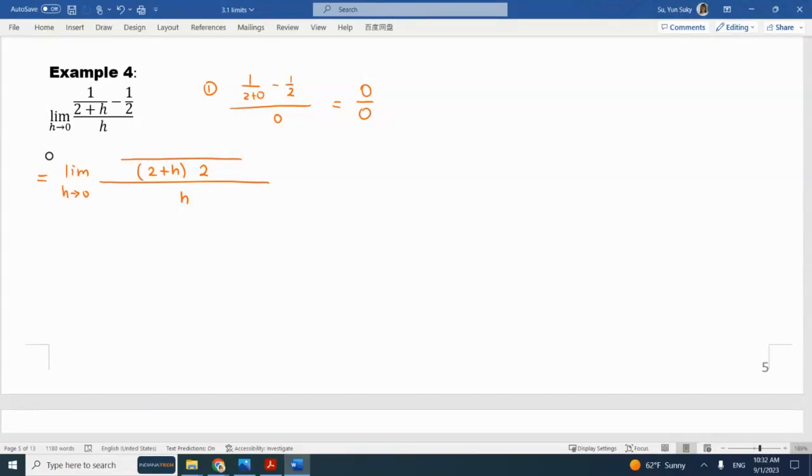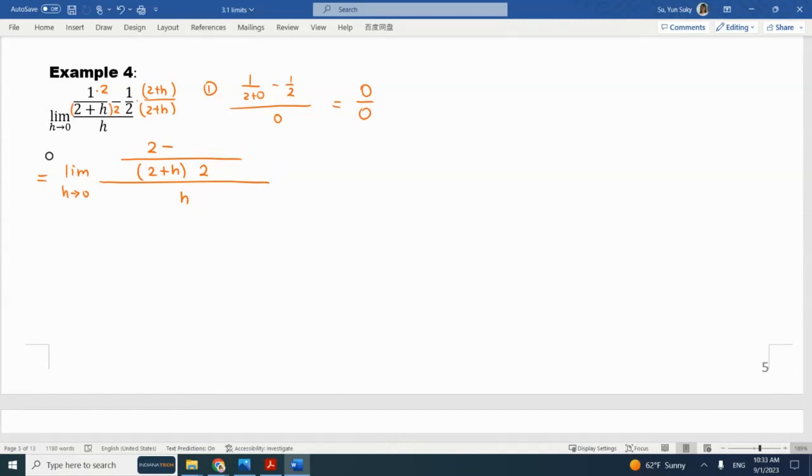And look at the left. The left fraction, in order to get this common denominator, you multiply the top and bottom by 2. The second fraction, you have 2 in the denominator, so you multiply the top and bottom by 2 plus h.